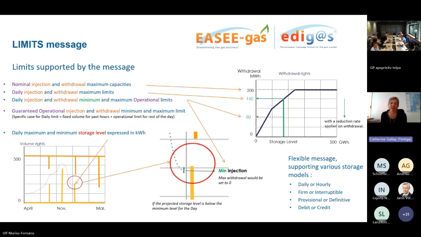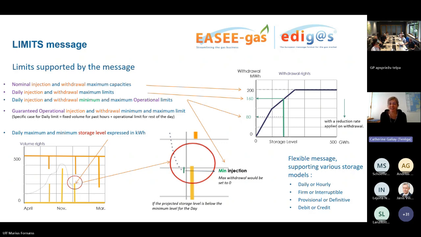It is the sum of the confirmed injection or withdrawal quantities for past hours that are now fixed quantity, and the daily injection and withdrawal limit for the remaining hours. So this data for each hour are already fixed quantity for the past hours plus a daily limit for the future hours.